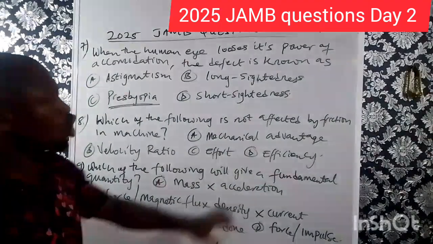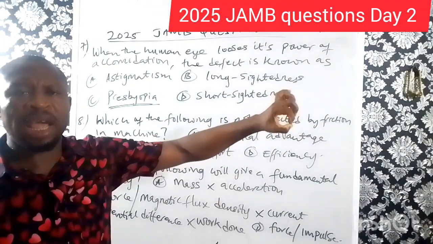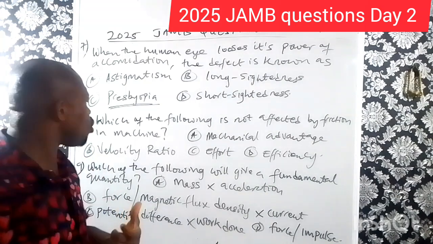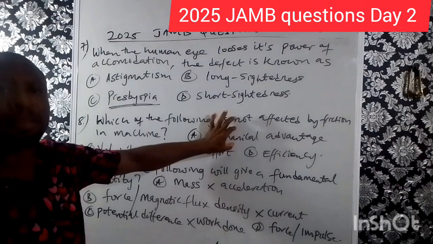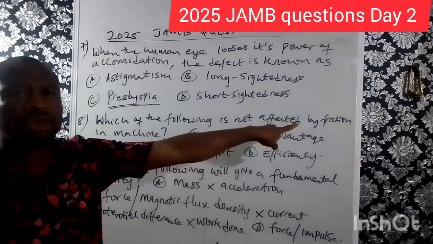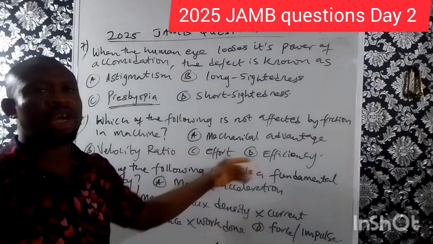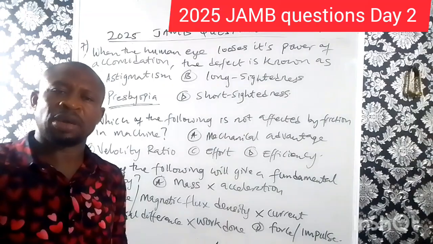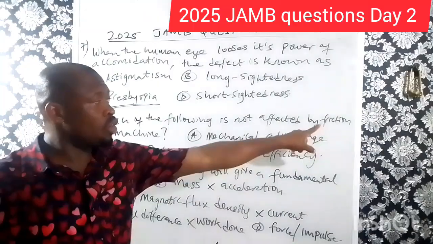And of course, we know the role friction plays in a simple machine. So in a simple machine, mechanical advantage is highly dependent on friction. Of course, both the effort and the efficiency, before effort is applied on a particular part of the machine, there must be a contact there. So friction must be there.